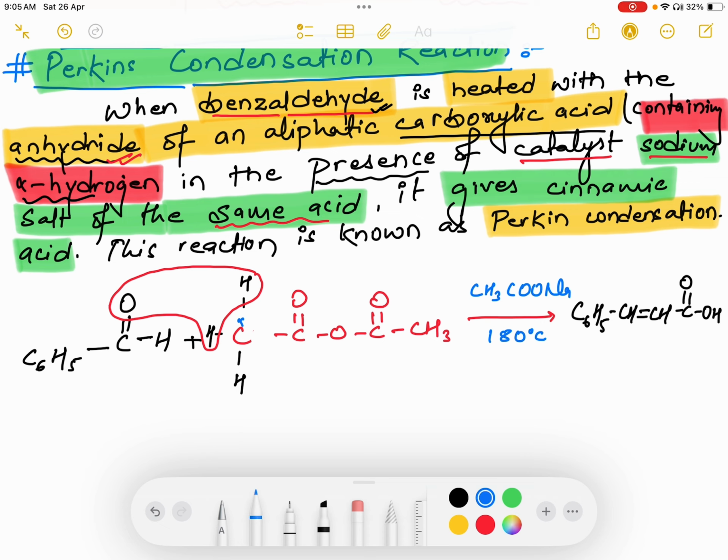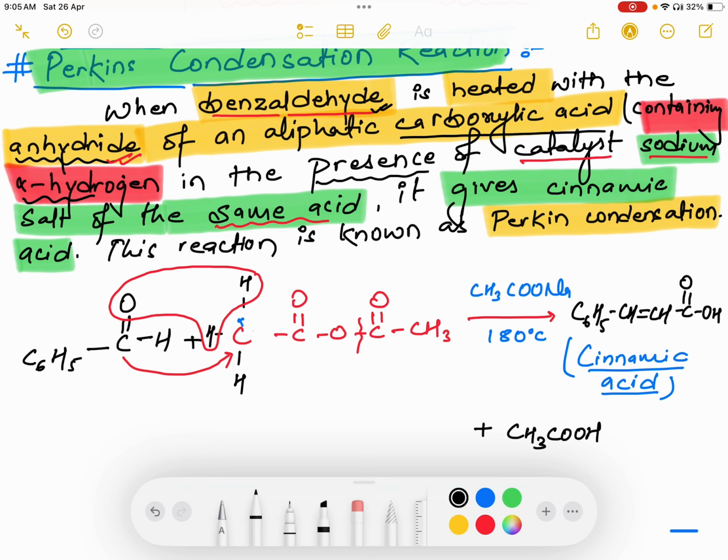This is what we call cinnamic acid. What is formed here is that this carbon is directly connected with the alpha carbon of the anhydride, and the bond of the other group breaks from this point to make another group, that is CH3COOH, your ethanoic acid.